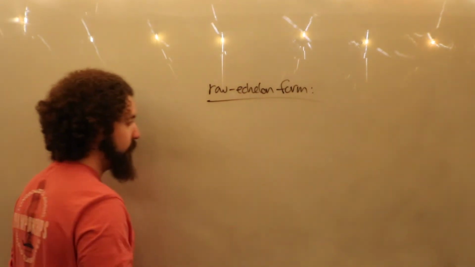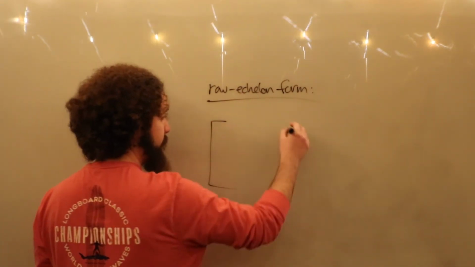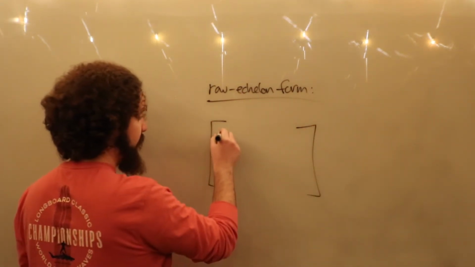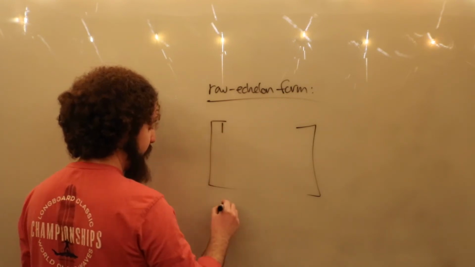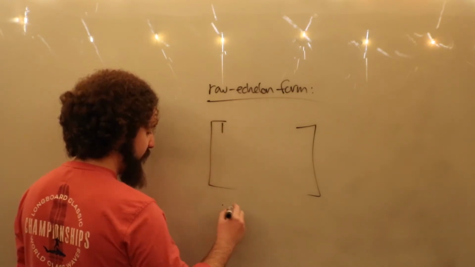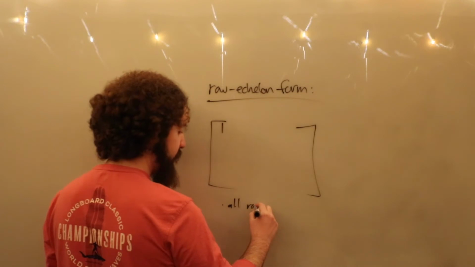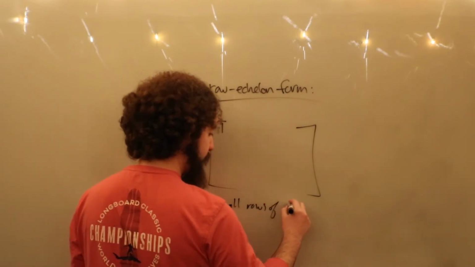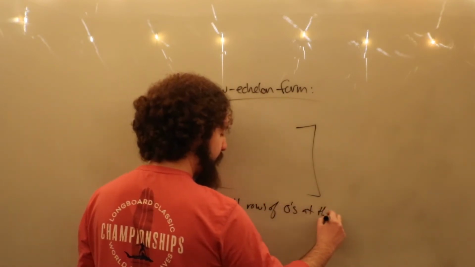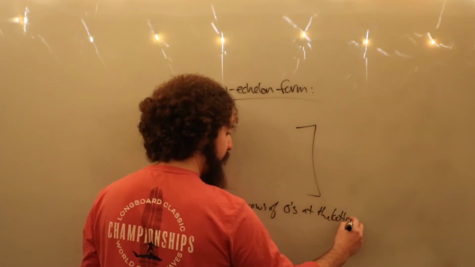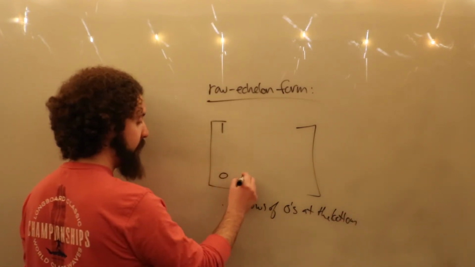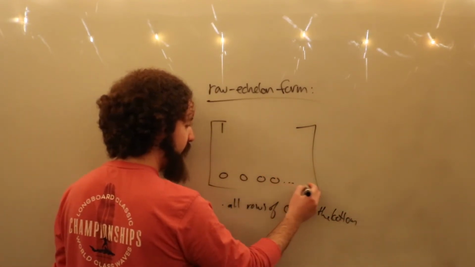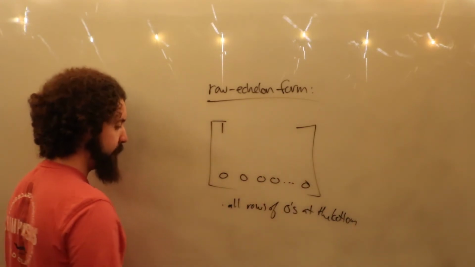Well, it's a matrix which exactly looks like the following. So there are 3 properties. All rows of zeros are at the bottom. So if you have a row of zeros, it's going to be at the bottom of your matrix like so.